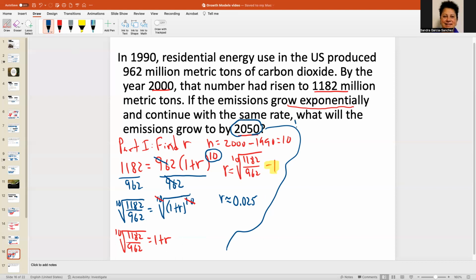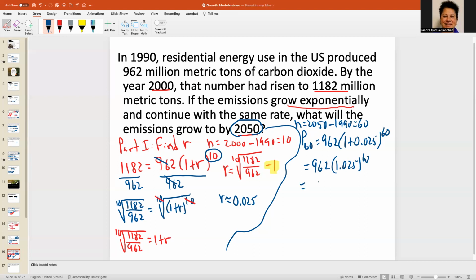Now that I have R, I have P sub 0, and I can look for what the emissions are in 2050, and 2050 minus 1990 is 60. I can look for P of 60, which is going to be 962 times 1 plus 0.025 elevated to the 60 power, which is 962 times 1.025 to the 60 power.